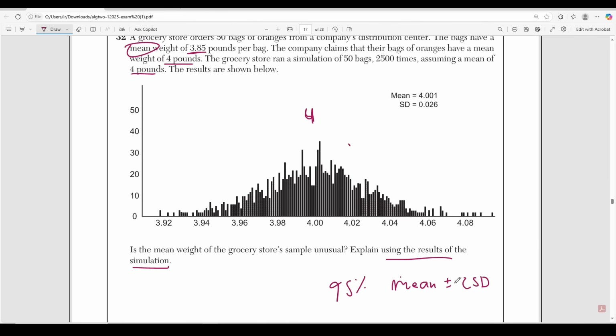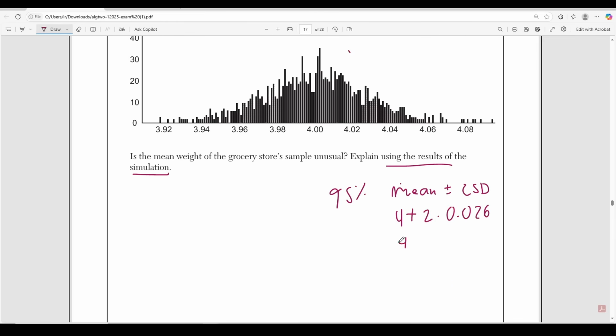That means that 95% of the data can be found plus 2 times 0.026 in this direction and minus 2 times 0.026 in this direction, okay? So 0.026 times 2 is 0.052. So 4 plus 2 times the standard deviation is just 4 plus 2 times 0.026, right? And then you could also do 4 minus 2 times 0.026, okay?